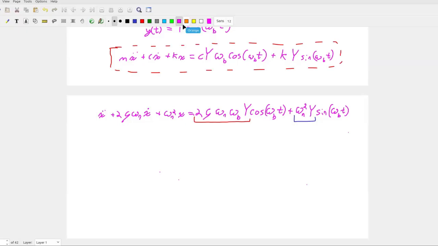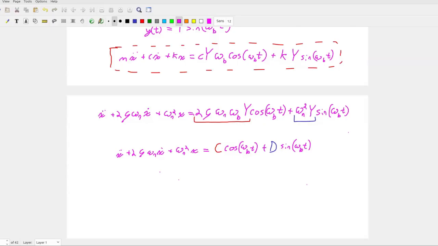So you can rewrite this as x double dot plus 2 zeta omega n x dot plus omega n squared x equals c cosine omega b t plus d sine of omega b t.